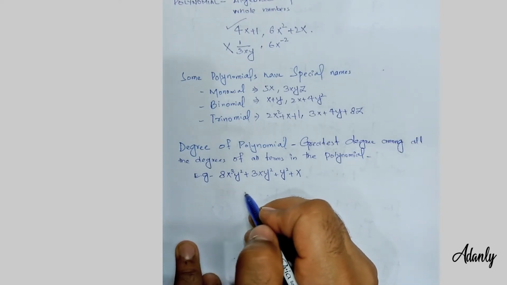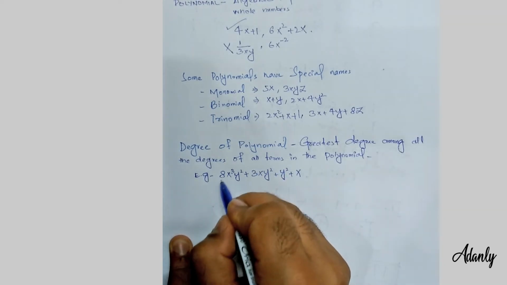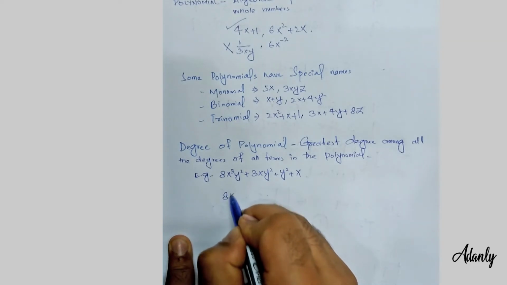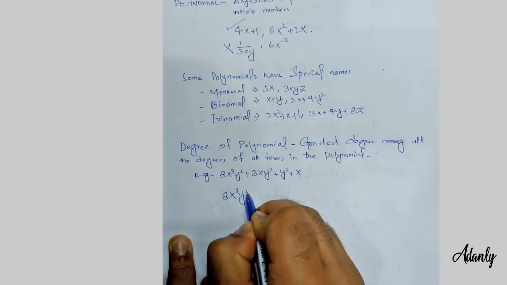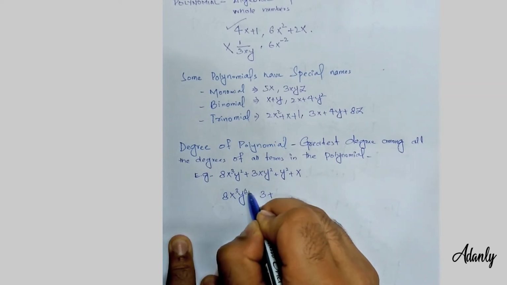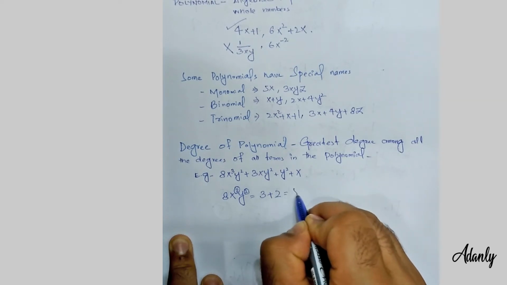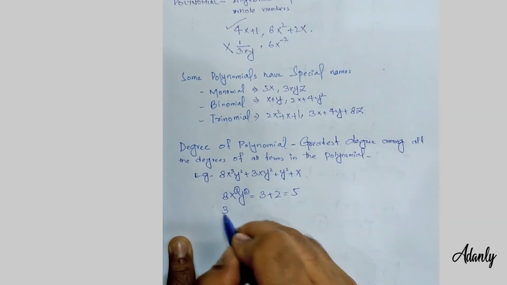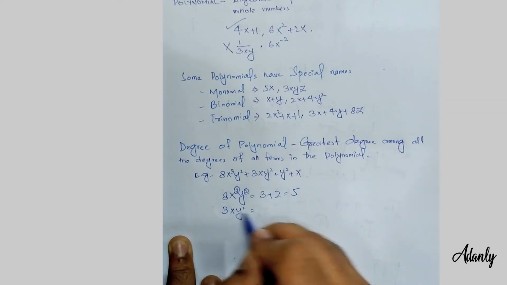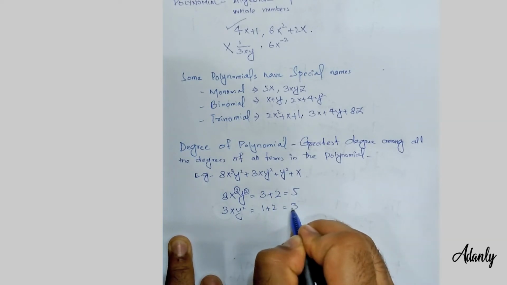Now we will have to find the degree of each term separately. First we find the degree of 8x cubed y squared. The degree of x is 3 and the degree of y is 2, so 3 plus 2 equals 5. Now 3xy squared: the degree of x is 1 plus the degree of y is 2, which is 3.